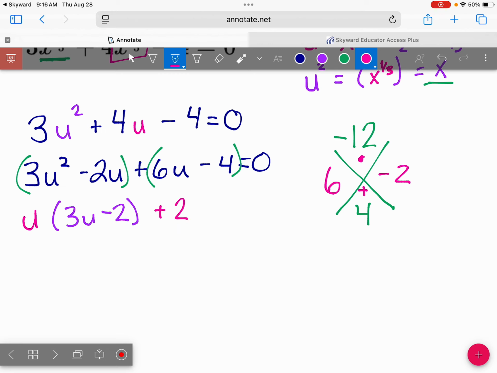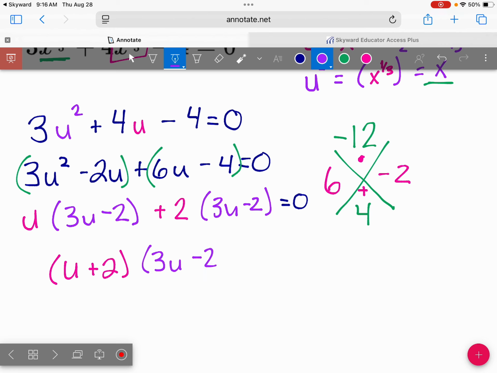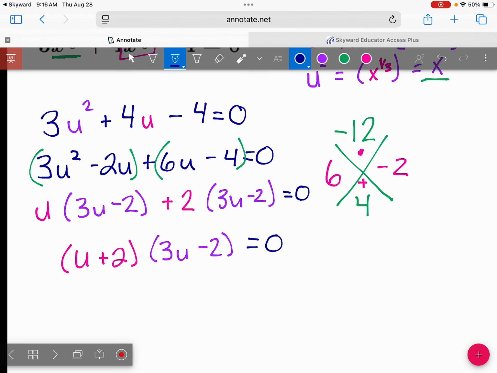So our factored form is going to be u plus 2 and 3u minus 2. So we should be able to get down into this factored form.